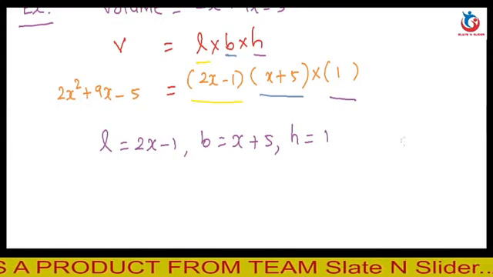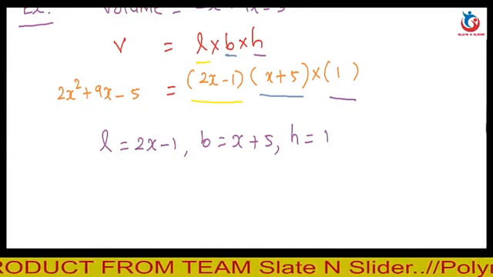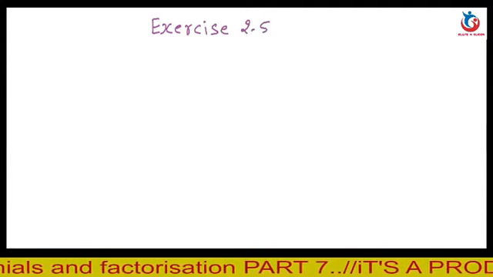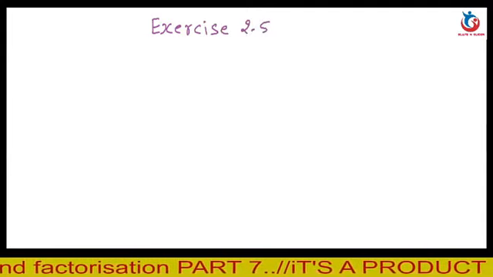So in exercise 2.5, we have all the sums on the identities only. So you have to do all the sums. And I would like to explain exercise 2.5. In this exercise, I will explain the 13th one.